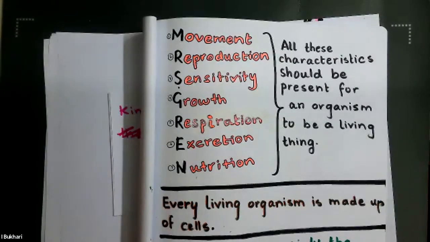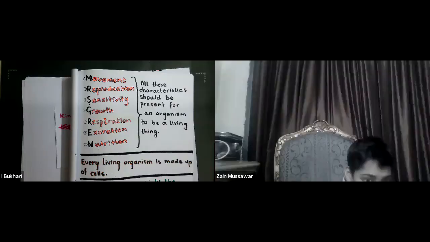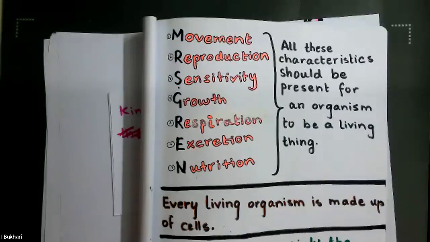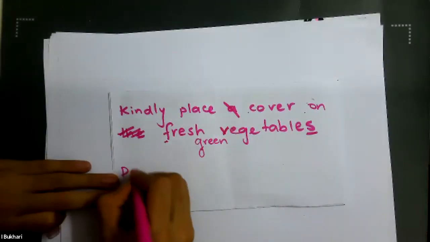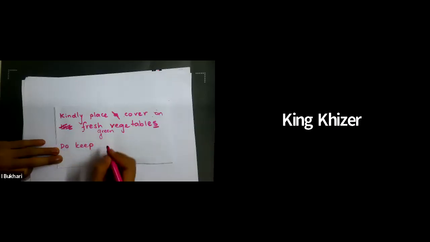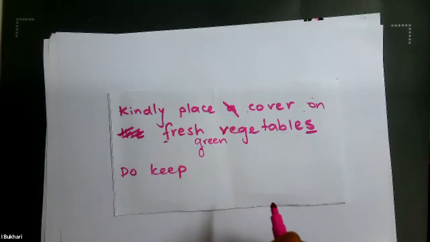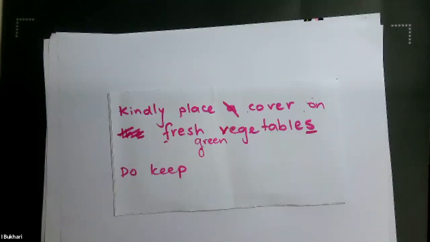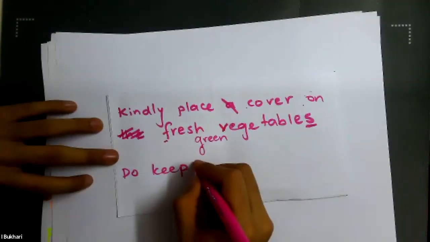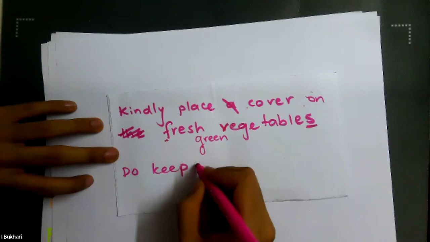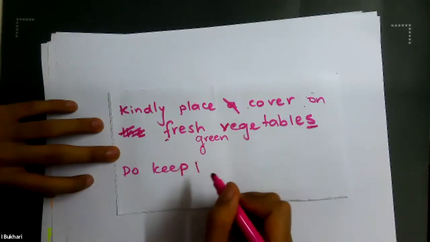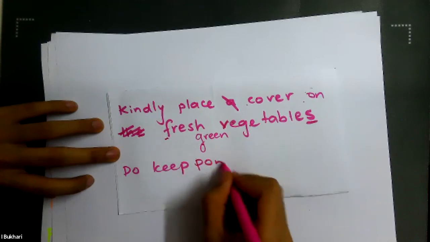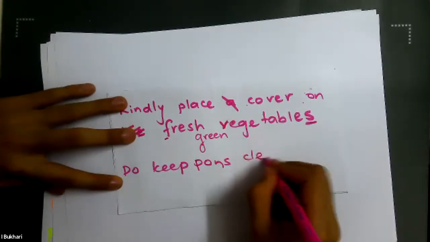The mnemonic is: do keep ponds clean or frogs get sick. Say that again. Do keep ponds clean or frogs get sick. Ponds clean, D-S.